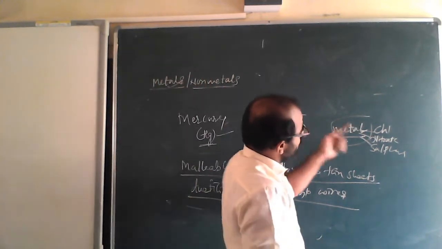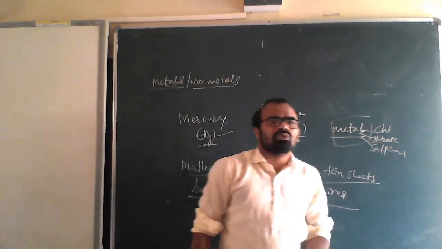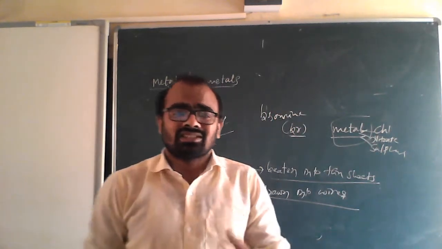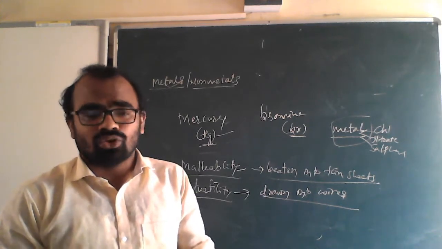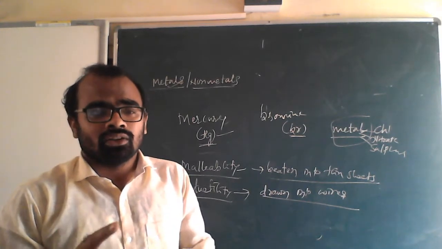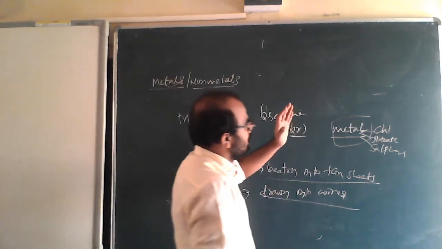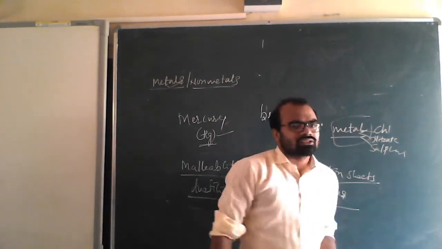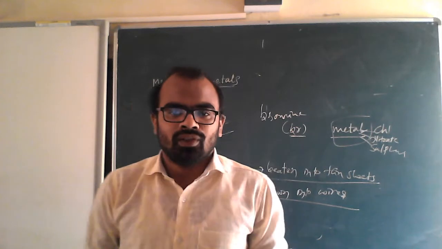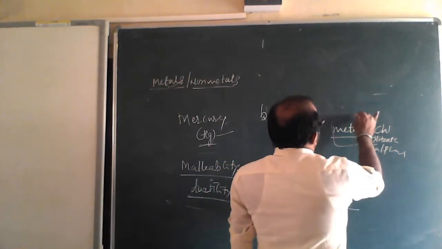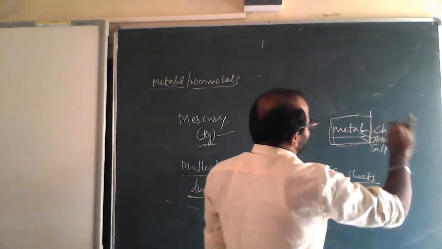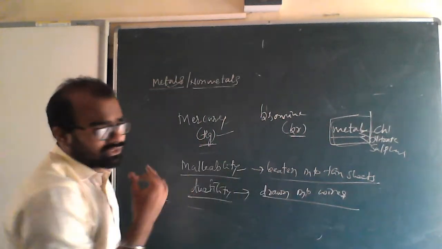But in your syllabus we are considering mainly these three, because when metals react with acids HCl, HNO3 or H2SO4, we get chloride, nitrate or sulfate. So that is why metal chloride, metal nitrate or metal sulfates are called salts. You should remember that.